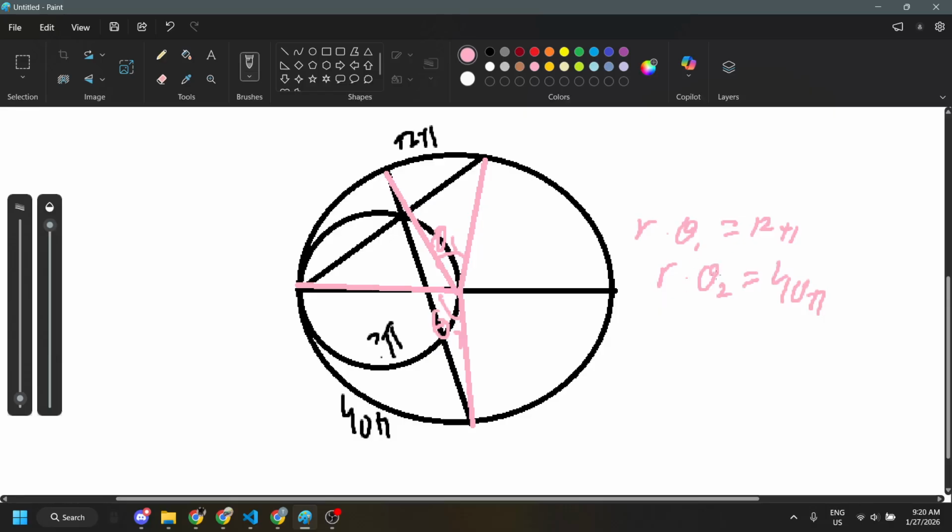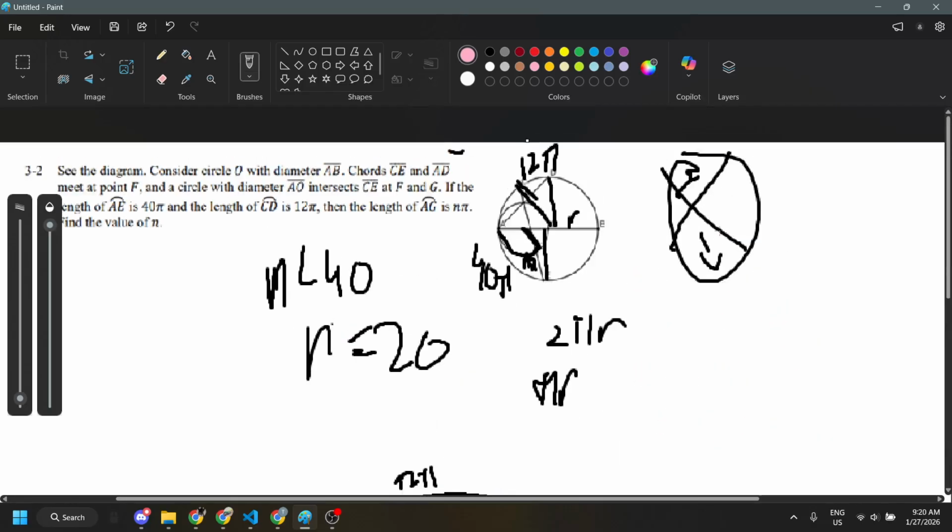Can we say anything about these angles though? I don't think so. We say that this is purely vertical from this, that E is directly below this D.